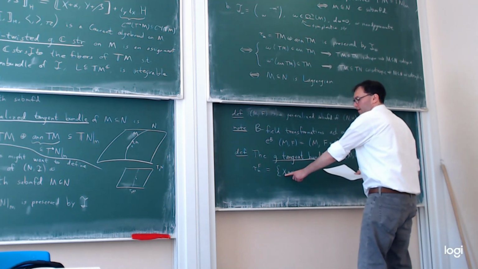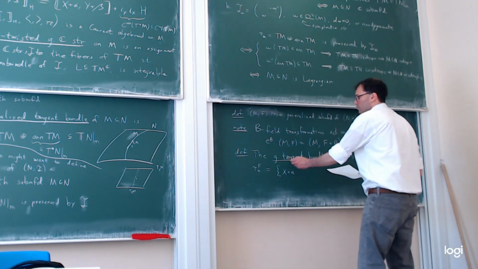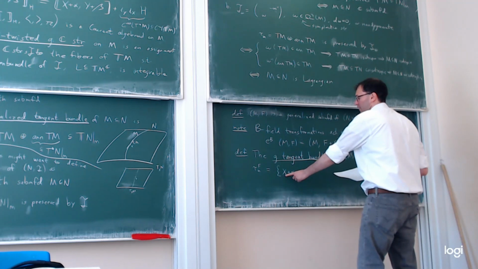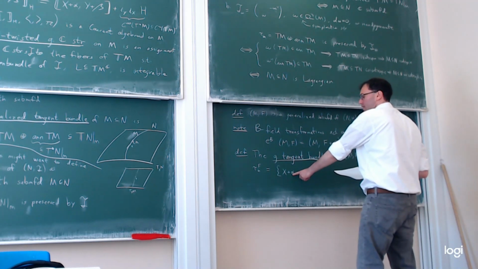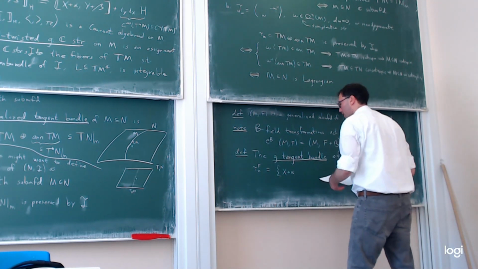So x, as usual, is a tangent vector, and alpha is a cotangent vector based at the same point as x.